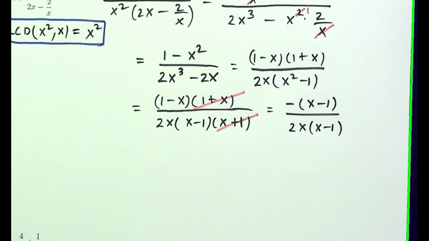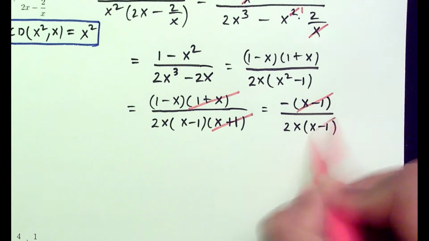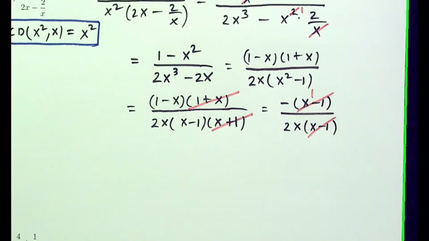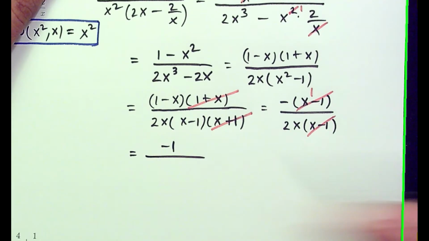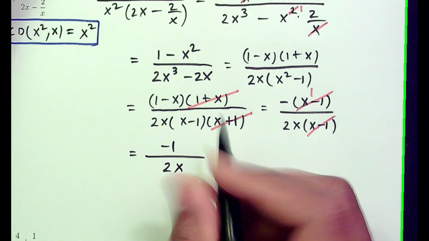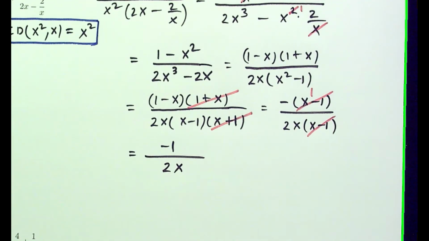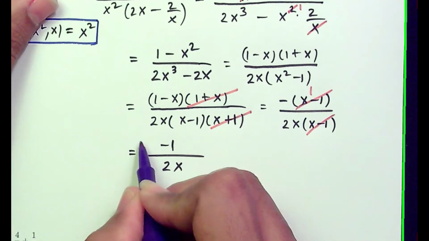And now they are identical. Now we can cancel. So now that cancels. Remember, when you cancel, you're not left with a 0, you're left with a 1. So that means the top is actually then negative 1 over 2x. That is the final answer.